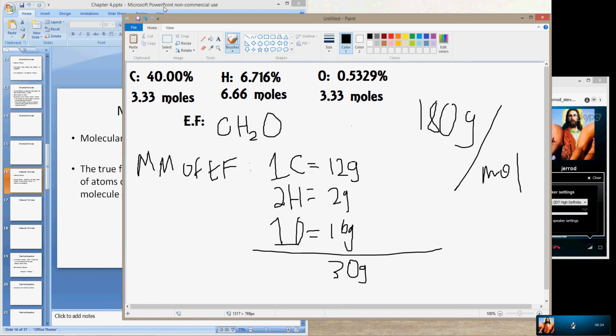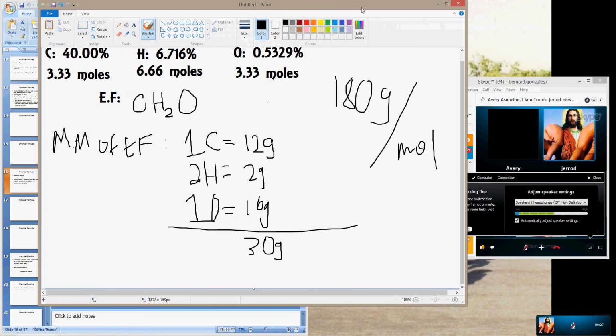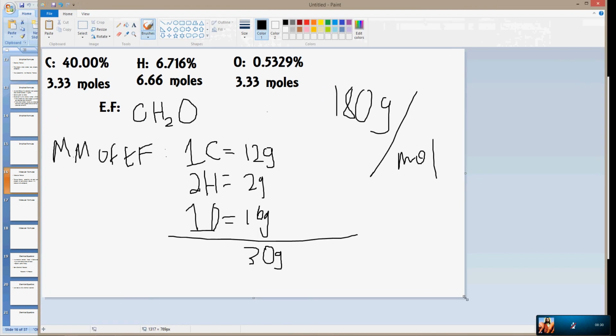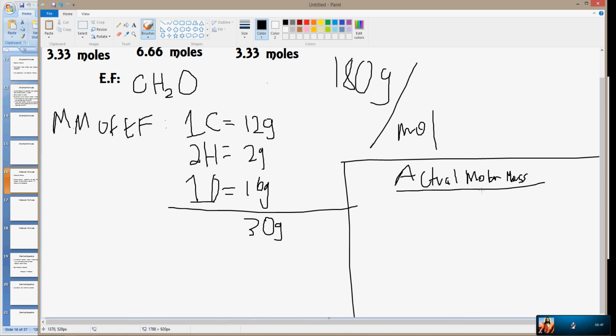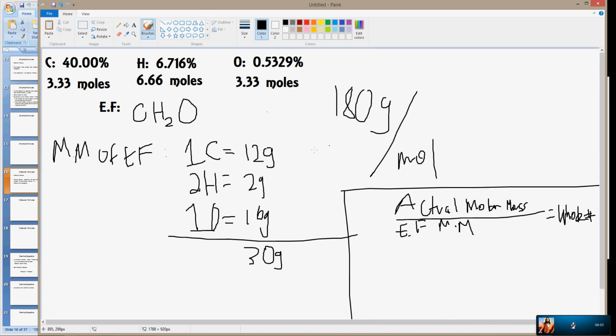Then you plug it into this formula: actual molar mass divided by the empirical formula molar mass. And then it's going to equal a whole number. It has to equal a whole number, otherwise I think you might have done something wrong.